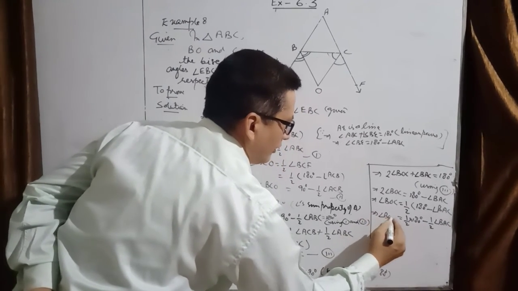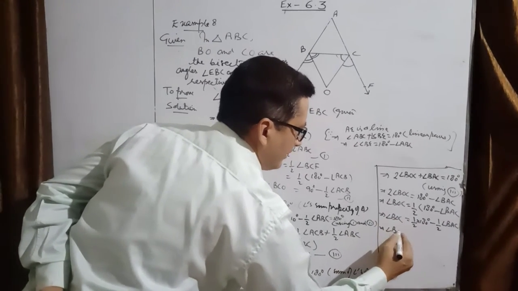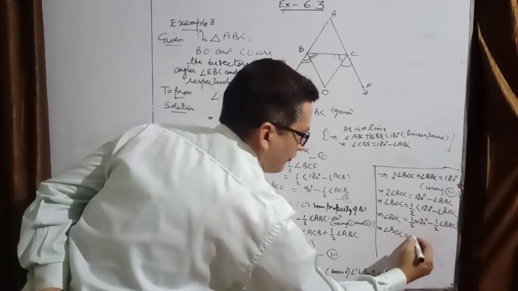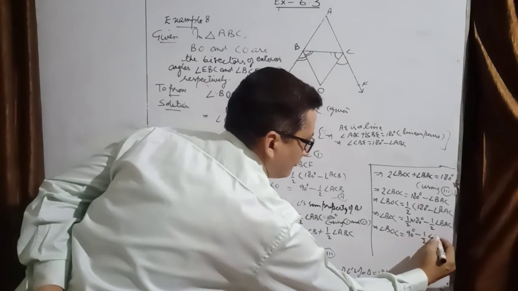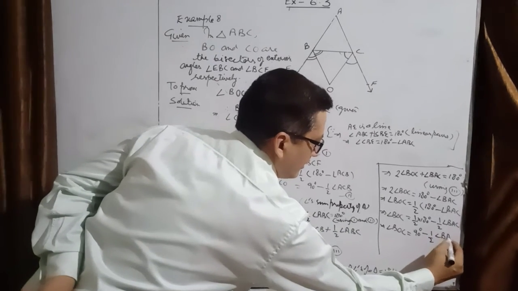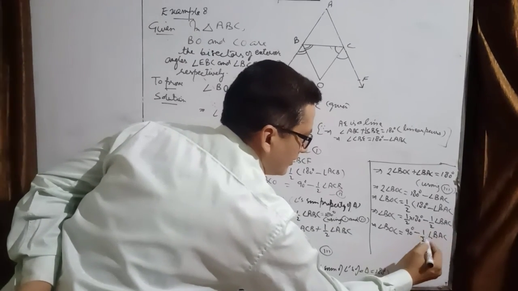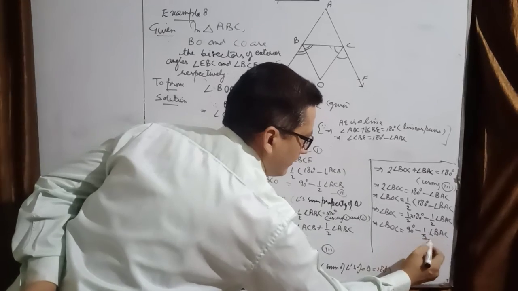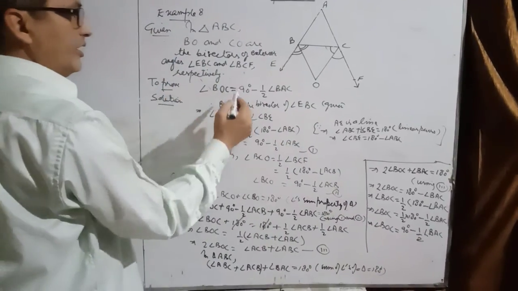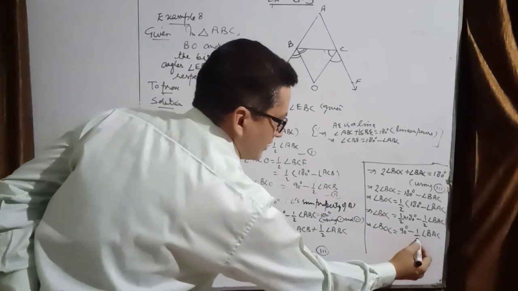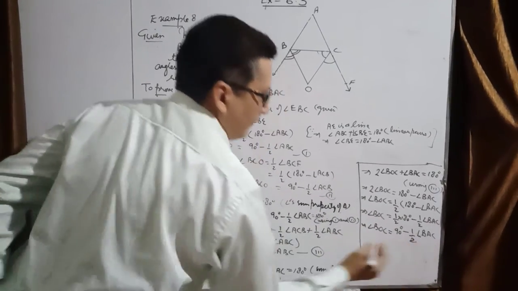So therefore angle BOC, half of 180 is 90 minus half of angle BAC. So students, in this way we can prove that angle BOC is equal to 90 minus half of angle BAC.